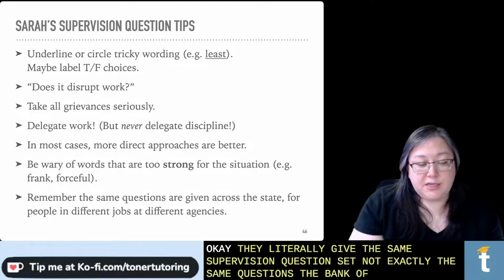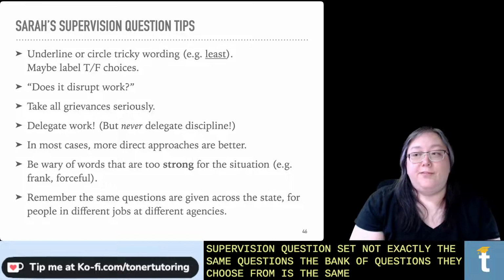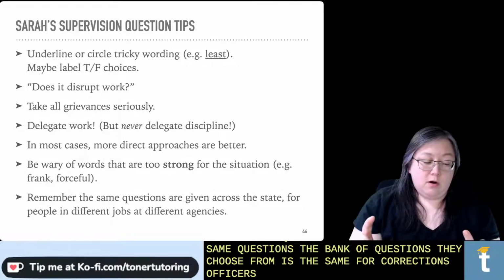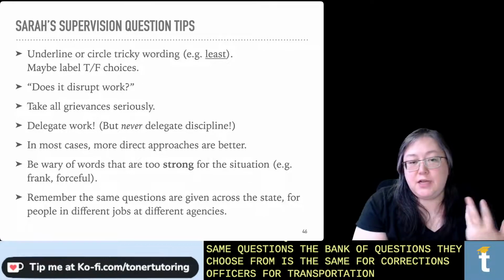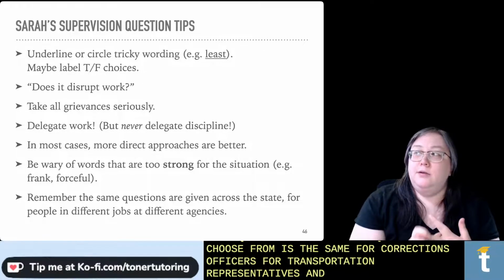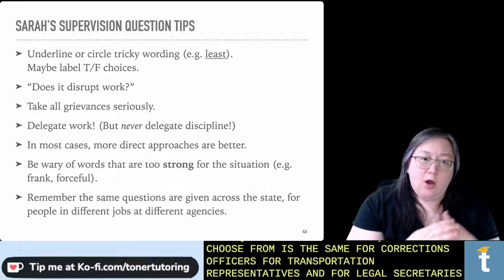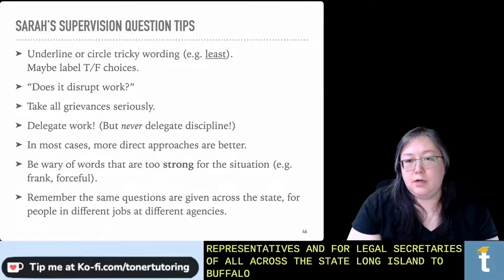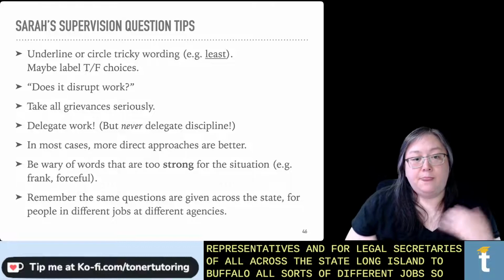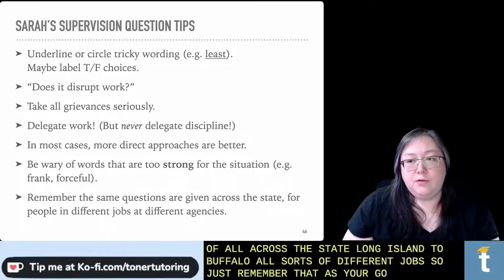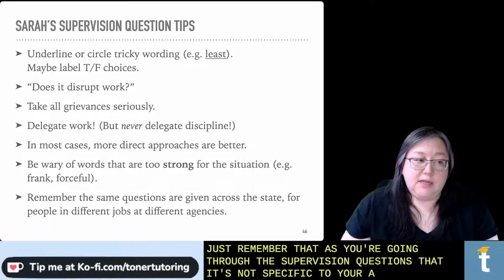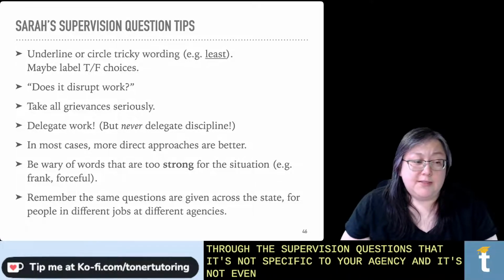The bank of questions they choose from is the same for corrections officers, for transportation representatives, and for legal secretaries, like all across the state, Long Island to Buffalo, all sorts of different jobs. So just remember as you're going through the supervision questions that it's not specific to your agency, and it's not even really specific to IT.